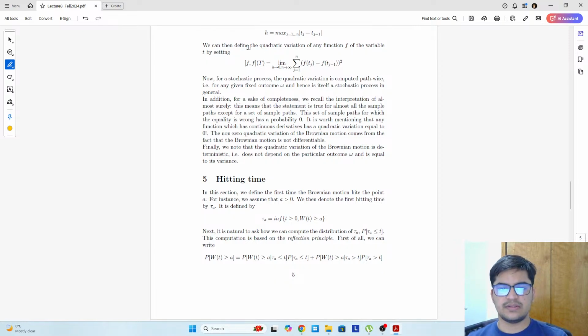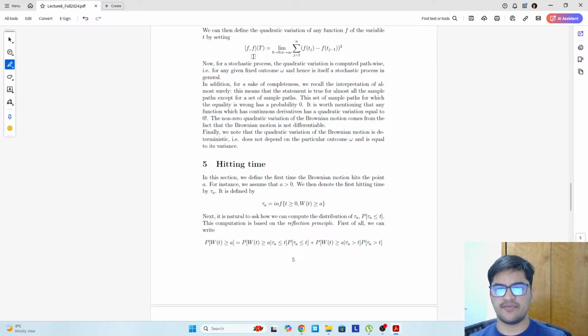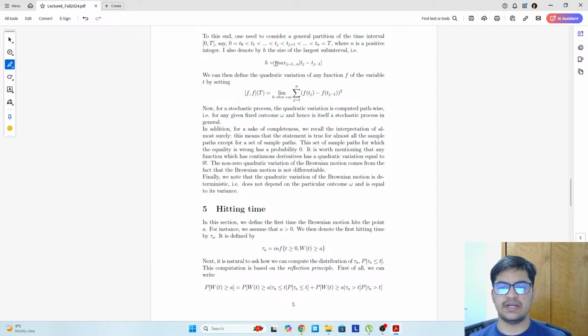We can then define the quadratic variation of any function f of variable t as the limit as h tends to 0, n tends to infinity, of the summation of f(tj) minus f(tj minus 1), whole square.